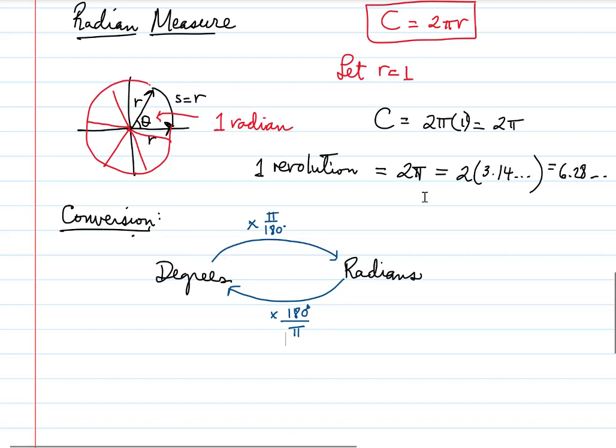Going from degrees to radians, you want radians on top, so that's what you end up with at the end. Same thing from radians to degrees: you want to end up with degrees, so the degrees have to be on top. The radians cancel out there, and we'll see a couple of examples, but that's basically all you have to do. Eventually we want to start thinking in radians, but you have this conversion factor to go back and forth between the two.